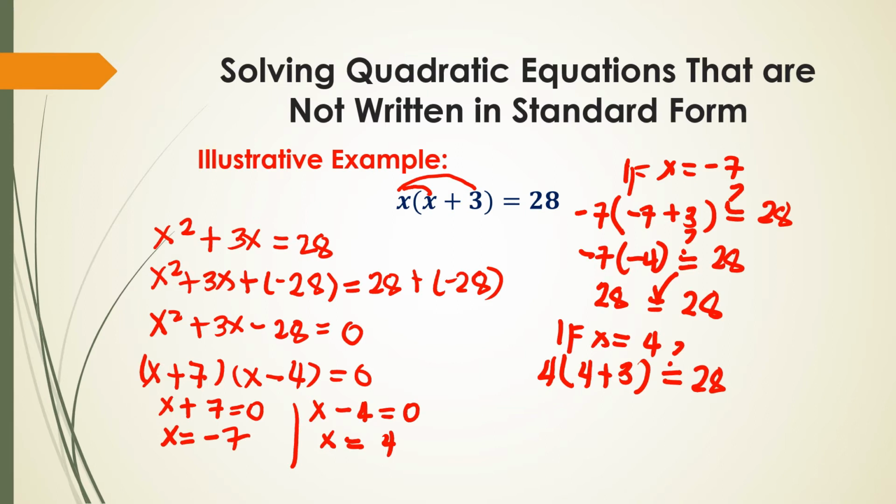So, sa loob muna ng parenthesis ulit. So, copy 4. So, 4 plus 3, that is 7. Is it equal to 28? So, 4 times 7, okay, that is 28, is equal to 28.